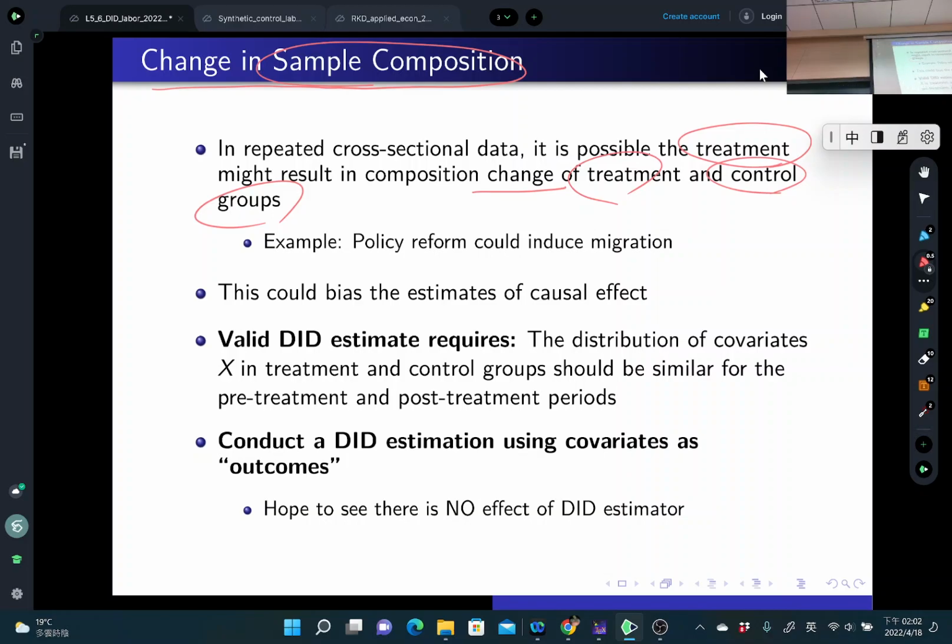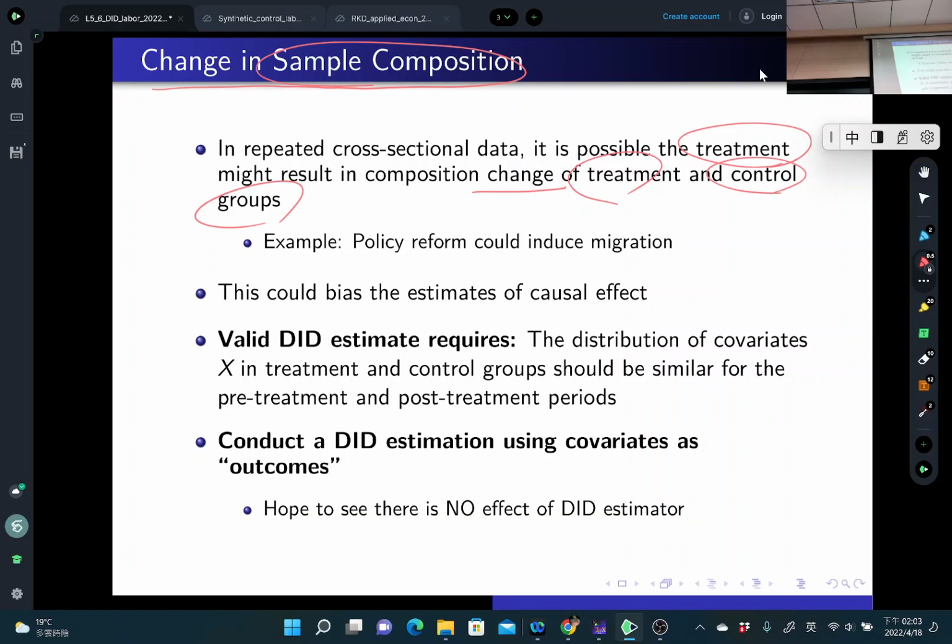For example, some policy reform might induce migration. Say Taipei City just raised its tax rate on housing, and that might make poor people migrate to New Taipei City.